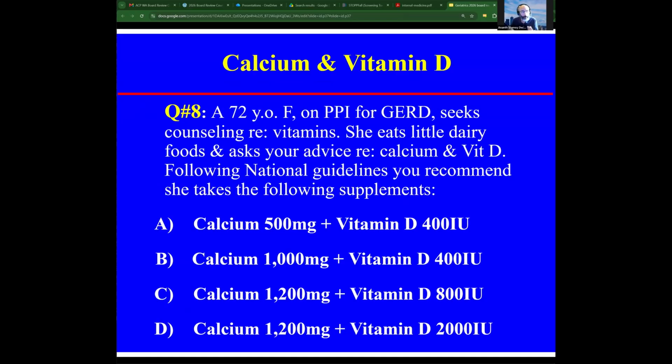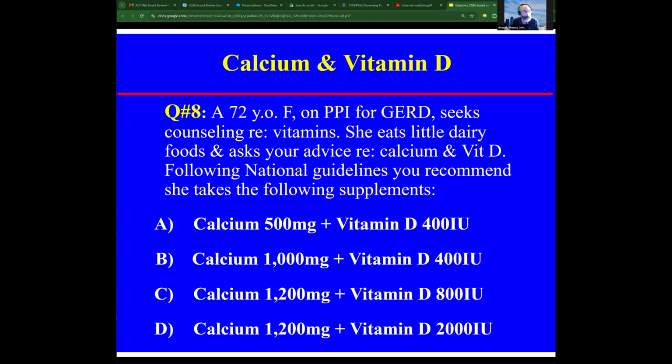All right. I have left off a lot of the slides on vitamin D just in the interest of time, but just a quick question. So on calcium and vitamin D, we have a 72-year-old woman who is on a PPI for gastroesophageal reflux, and she's asking for your counseling regarding vitamins. She doesn't eat a lot of dairy and asks your advice on calcium and vitamin D supplementation.